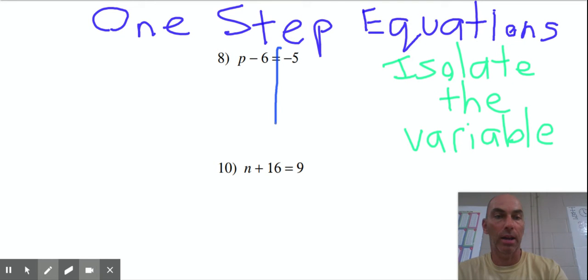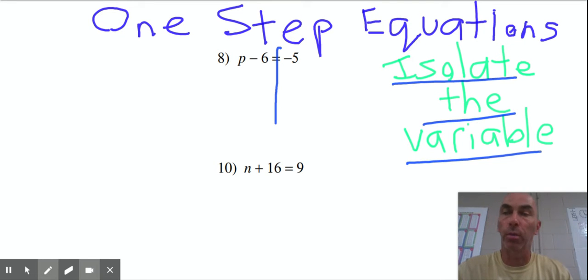I need to isolate the variable. The variable in this case is p. I need to get it by itself. What is on the side of the equation with p? If you said negative 6, you would be right. So I need to get rid of a negative 6.